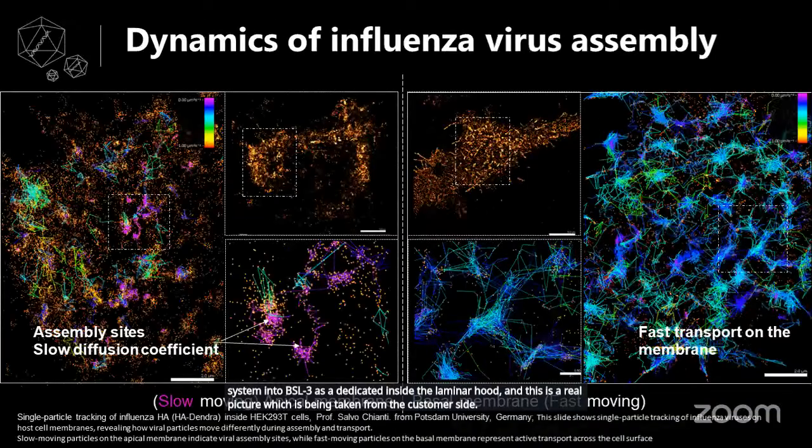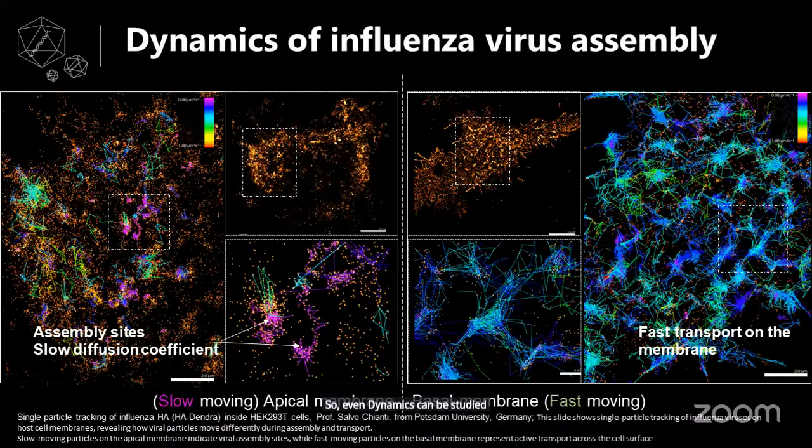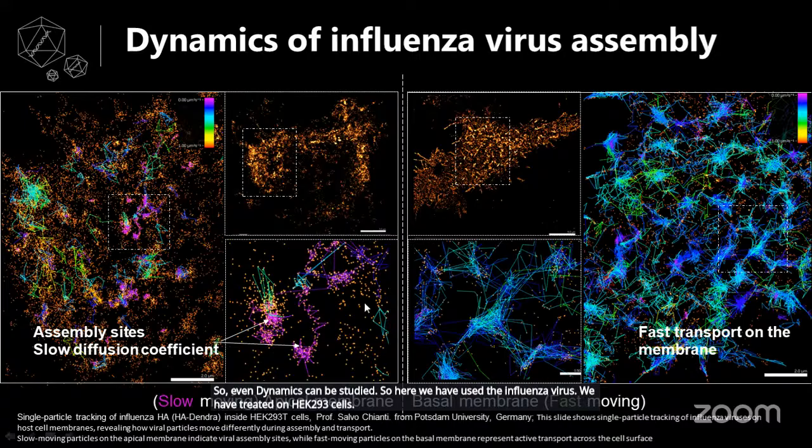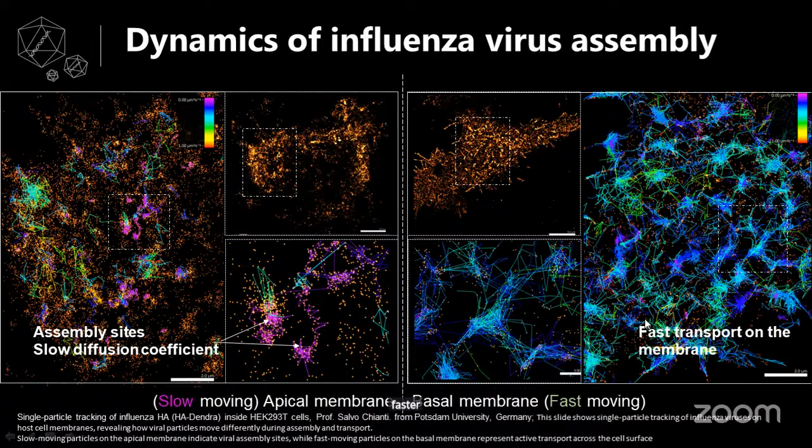So even dynamics can be studied. Here we have used influenza virus. We have treated HEK 293 cells. So you can see that assembly sites are showing slow diffusion patterns here initially. And once it is assembled, on the apical membrane, it shows slow movement, but on the basal membrane, it shows fast movement, representing the very high transport across the cell surface.